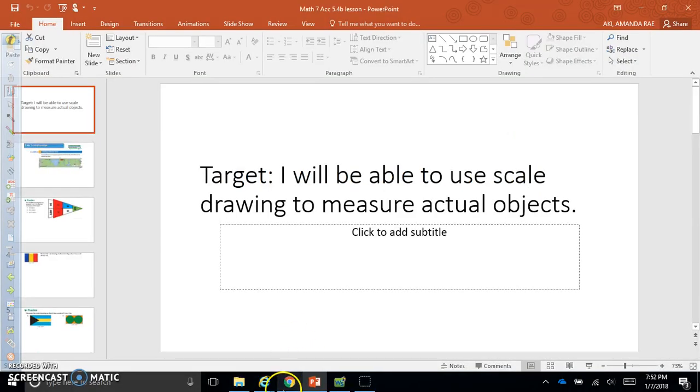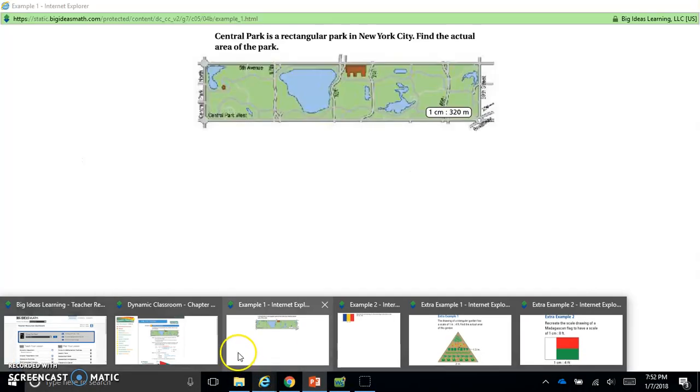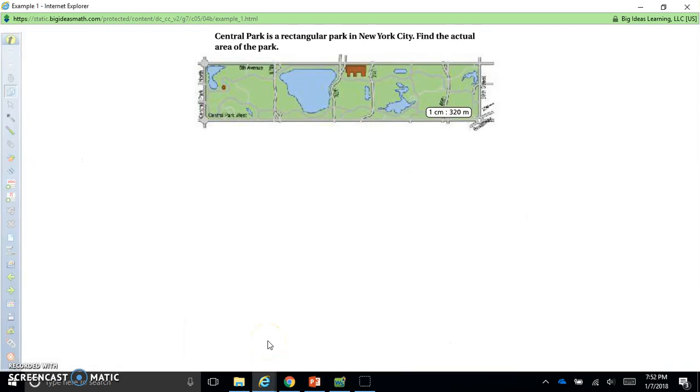Let's get started with example 1. Central Park in New York City is in the shape of a rectangle. We're going to find the area of the actual park given this model. Here's our scale. First, we have to measure the length and the width in centimeters, because our scale is in centimeters.